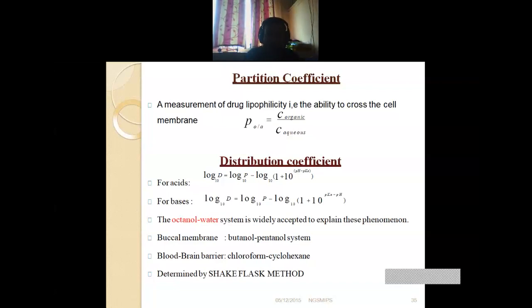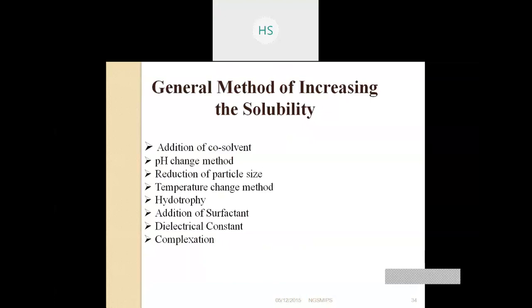Otherwise, it cannot be absorbed, cannot permeate, cannot be metabolized, or go through the systemic circulation. Understood? Yes, sir.